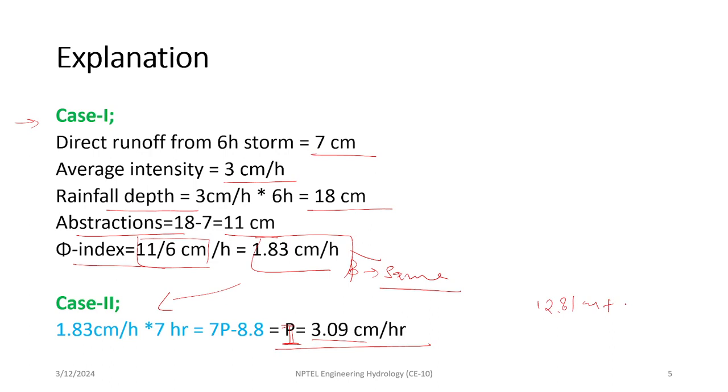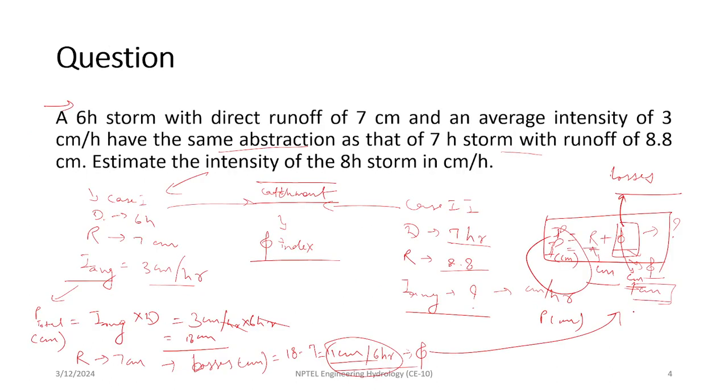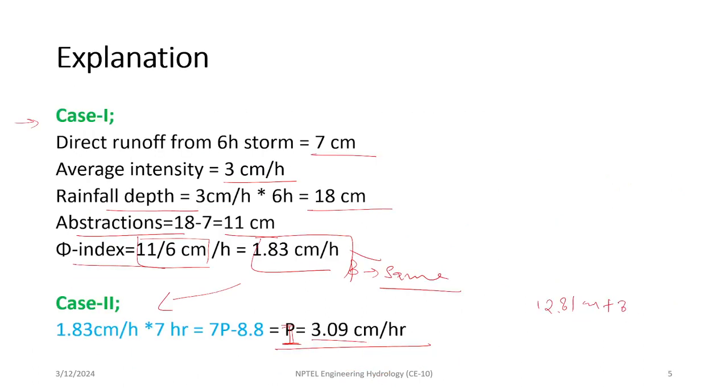Then runoff we already know, it was 8.8, right? So now 12.81 minus 8.8? No, there is some mistake.